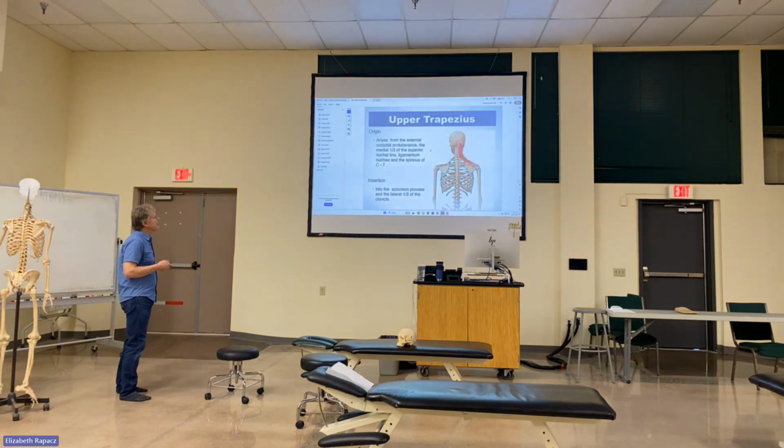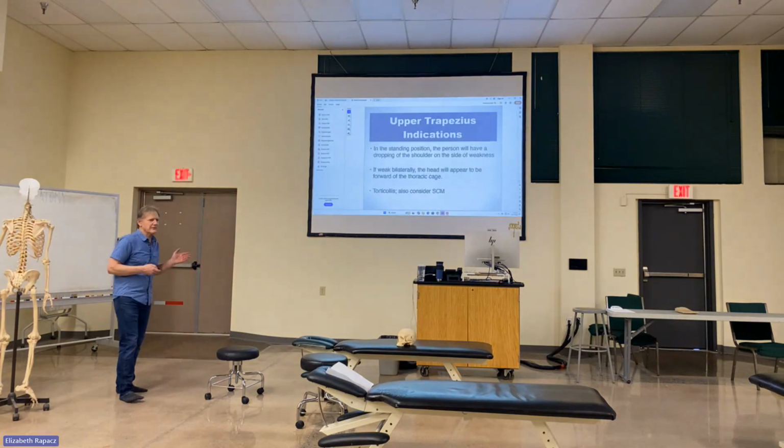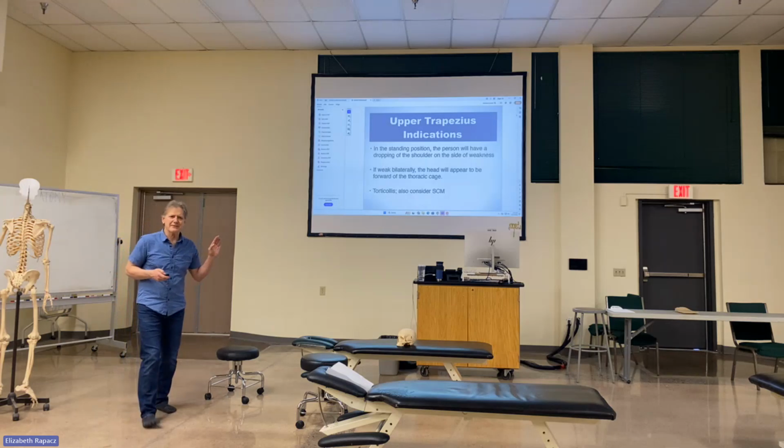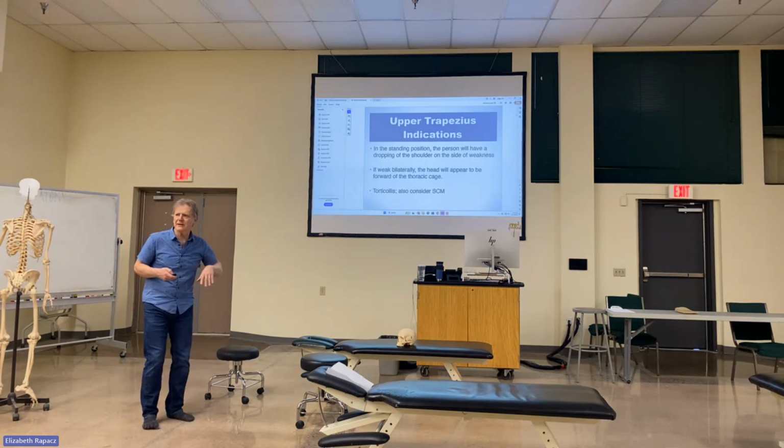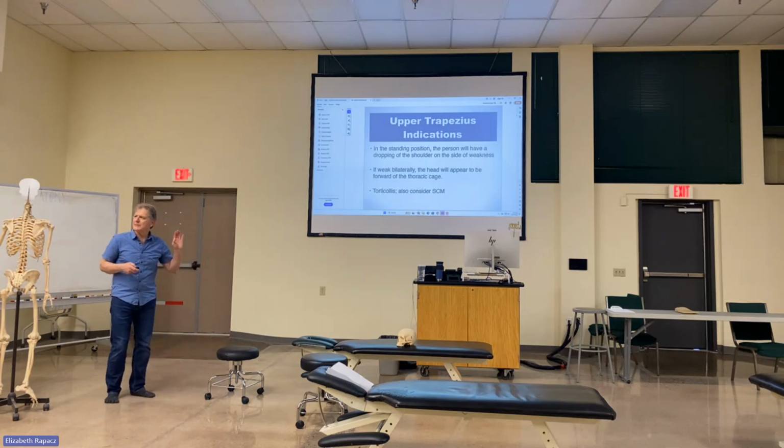So here's the upper trap. You guys remember the upper trap, right? Anybody want to know about the upper trap? I'd forgotten I left it in here with the lower trap. Any questions on the upper trap? Remember the upper trap is related to the eye and the ear, and it's on the kidney ring. It's kind of an odd one that way. Remember, it has dual cranial and spinal innervation, like the SCM.